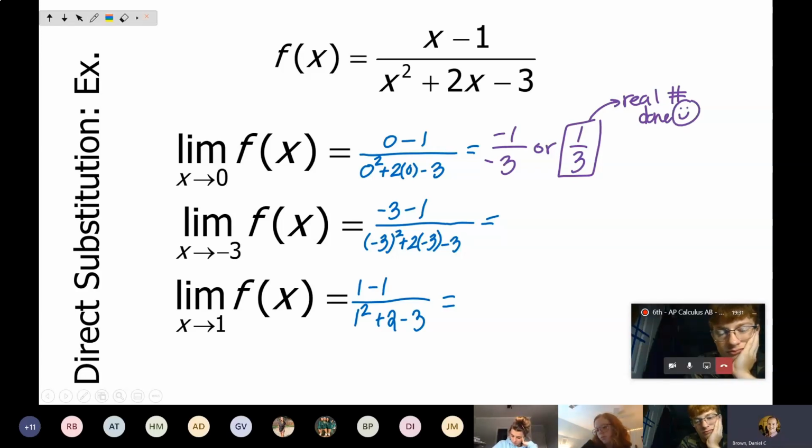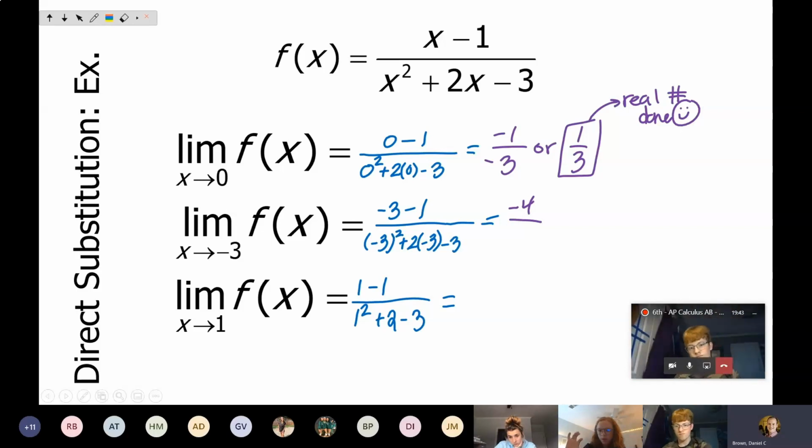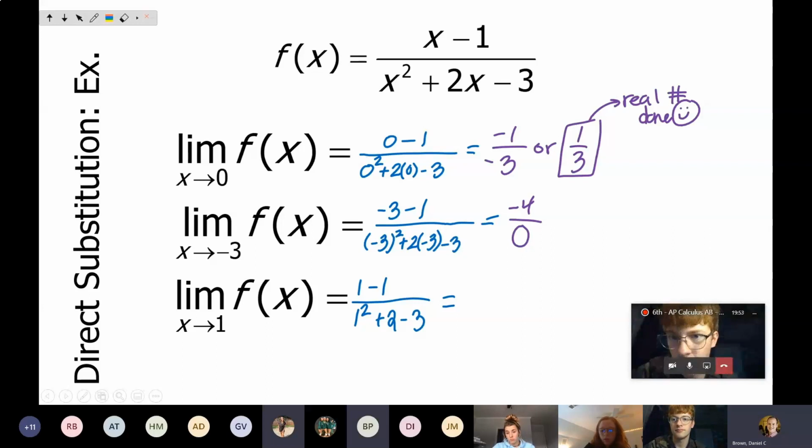The limit is 1/3. The second one, when you plug it in, you get -3 minus 1, which is -4, over 9 minus 6 minus 3, which ends up being 0. Does anyone remember what it means in math to have a number divided by 0? Undefined. So this value right here is undefined.